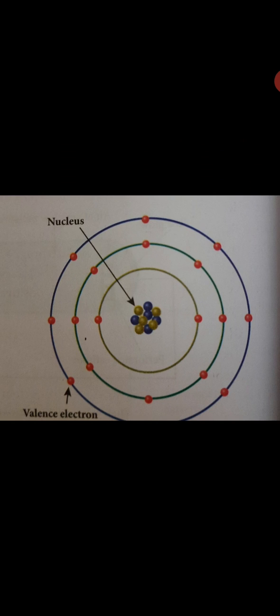The combining capacity of an atom is called valency. Valency is defined as the number of electrons lost, gained or shared by the atom in a chemical combination, so that it becomes chemically inert. So this is about valency.